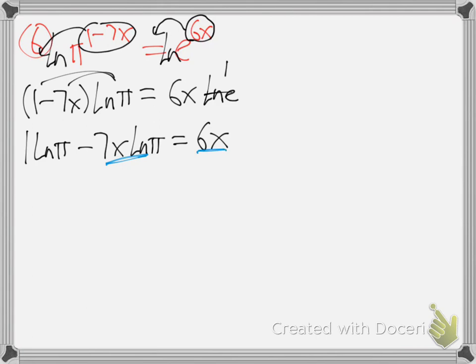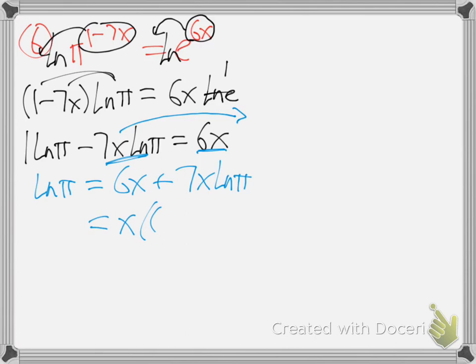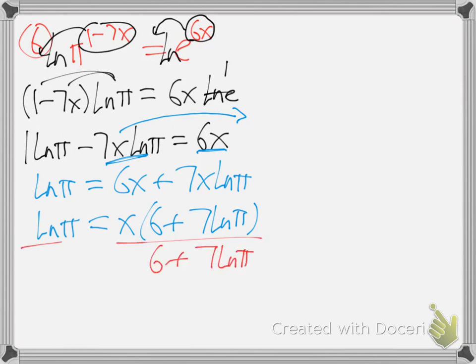Get them on the same side. Jump that over. So we got ln pi is 6x plus 7x ln pi. Factor out the x. And last step is to divide by 6 plus 7 ln pi. There it is. X is alone.